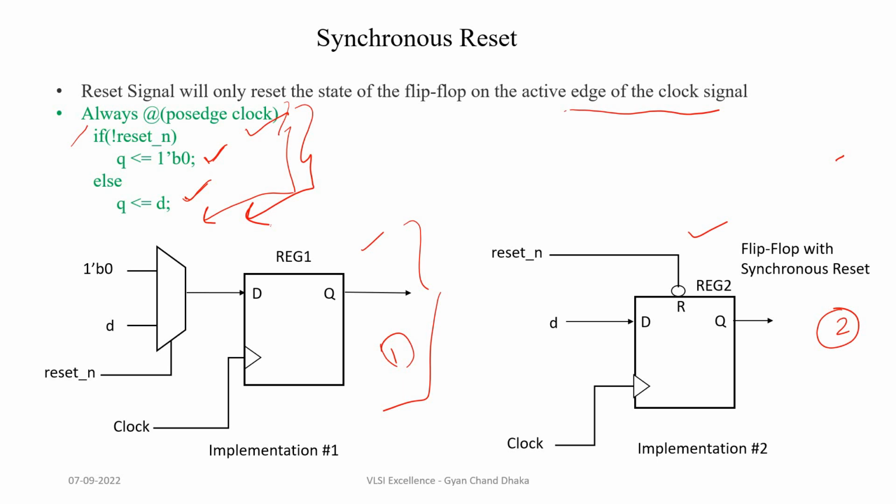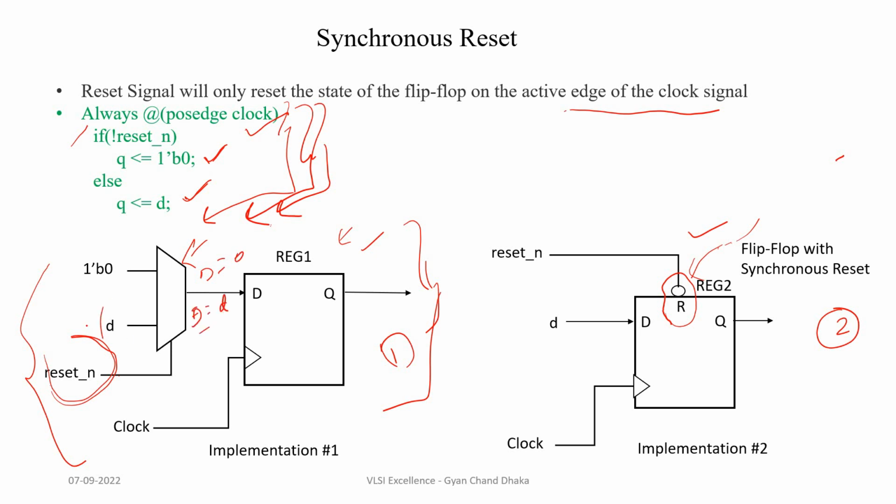Depending on the flip-flop, if you see in the first circuit, the flip-flop doesn't have a synchronous reset pin. But in the second implementation, this flip-flop actually comes with a synchronous reset pin. If our flip-flop doesn't have a synchronous reset pin, then this Verilog HDL code will get realized into a logic circuit something like this. A mux will be added at the input data path, and based on the reset, if the reset is asserted, when the reset is 0, the D will be 0, else the D pin will get the input data.